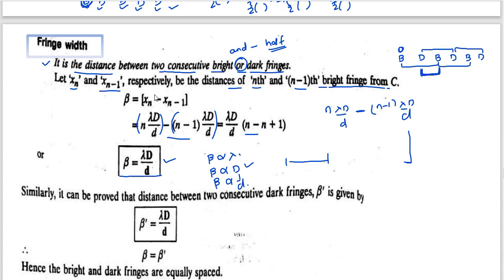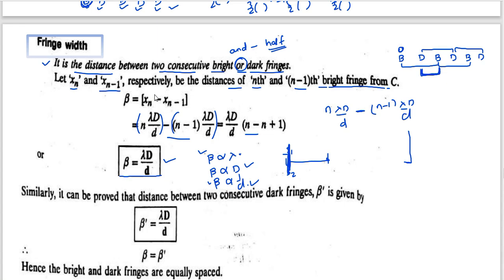If lambda increases, the fringe width also increases. If small d increases, the fringe width decreases, because if the separation between the slits S1 and S2 increases, then the fringe width will decrease. What is fringe width? Basically, fringe width means the distance between two consecutive bright or dark fringes.